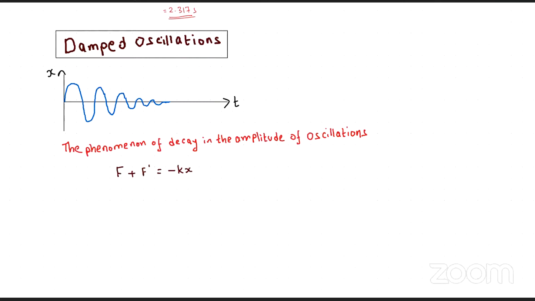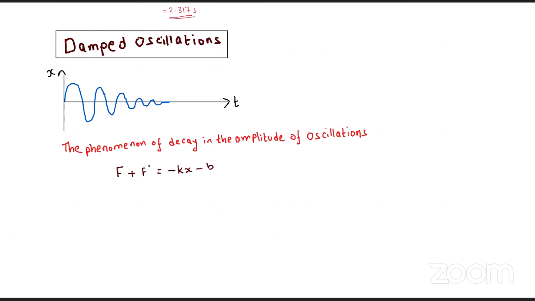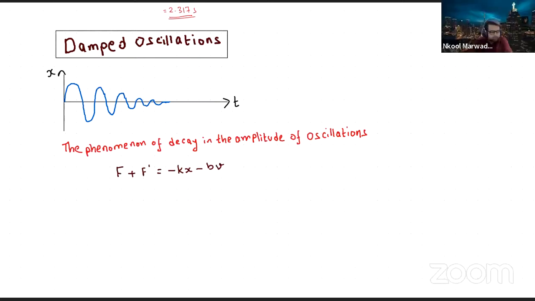And we are calling the resistive force minus bv. Minus, because resistive force is also acting in the opposite direction. b is any constant, and v is the velocity, because this resistance depends on the velocity.